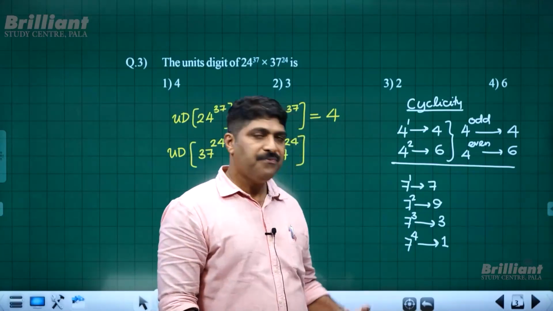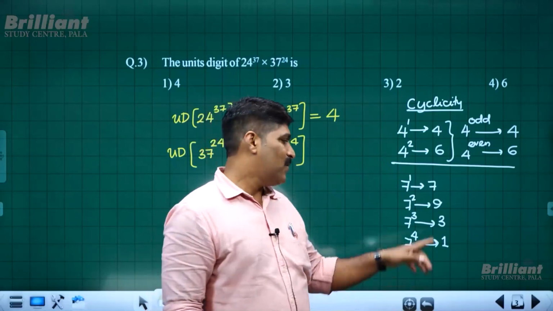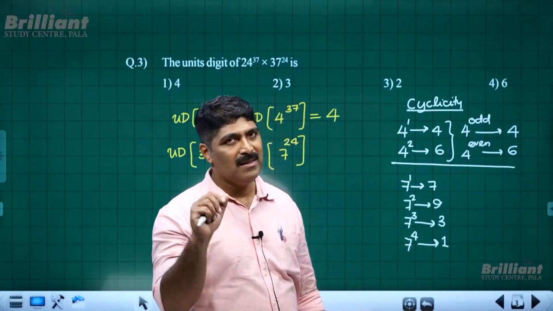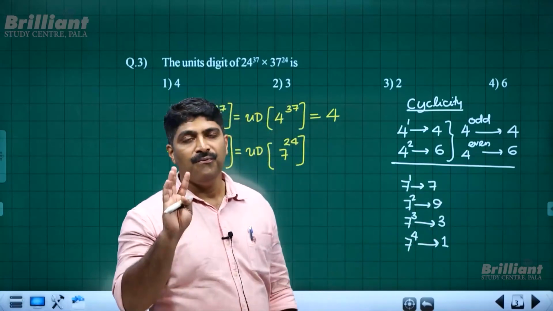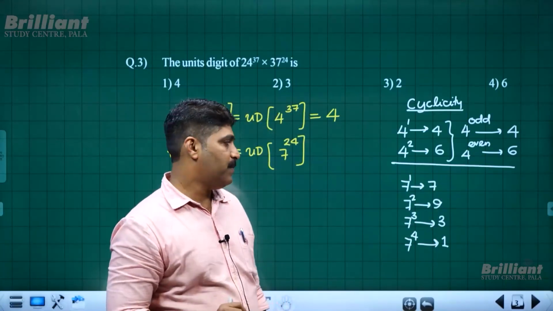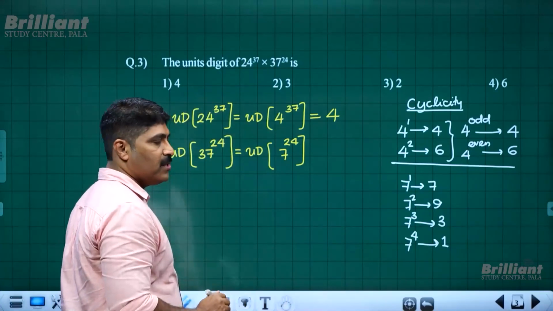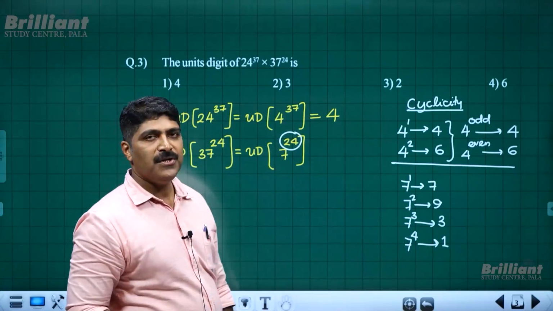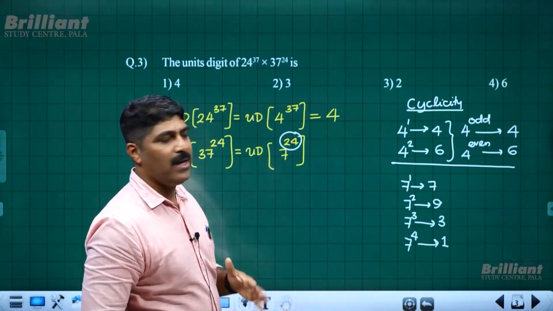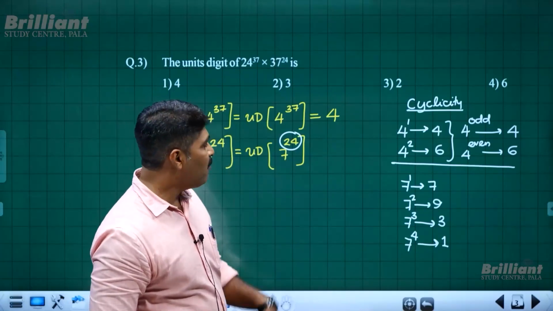But in the case of 3, 7, 9, the repetition will start after the presence of 1. So here we have 4 distinct unit digits. What is the next step? If there are 4 distinct unit digits, think about this exponent. If the exponent is a multiple of 4, then what do you have to consider?